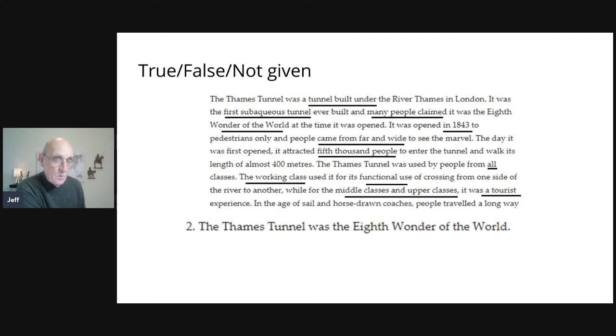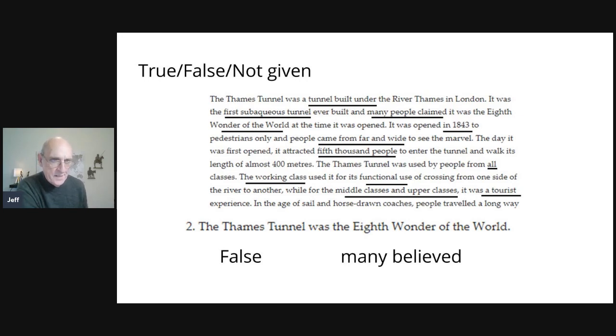So the answer is false, because the passage doesn't say it was the eighth wonder of the world. It gives information to the contrary. It says many people claimed it was. So just because many believed doesn't mean it was the eighth wonder of the world.